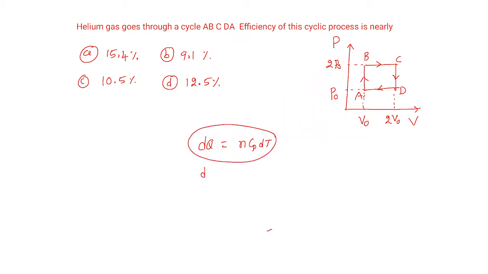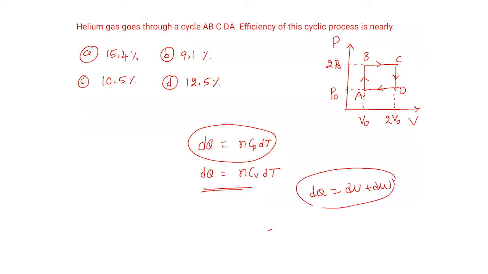If there is an isochoric process, the heat supplied is n Cv dT. Instead of applying dQ equal to dU plus dW for each process, if you find there is an isobaric or isochoric process, directly you can apply this formula to find heat supplied or rejected.